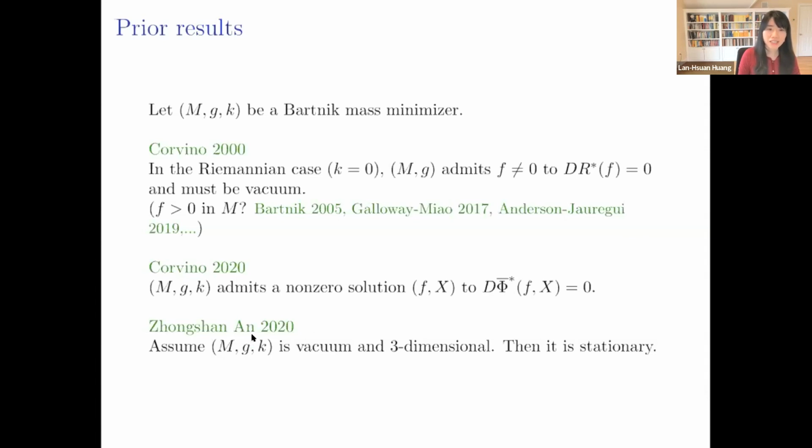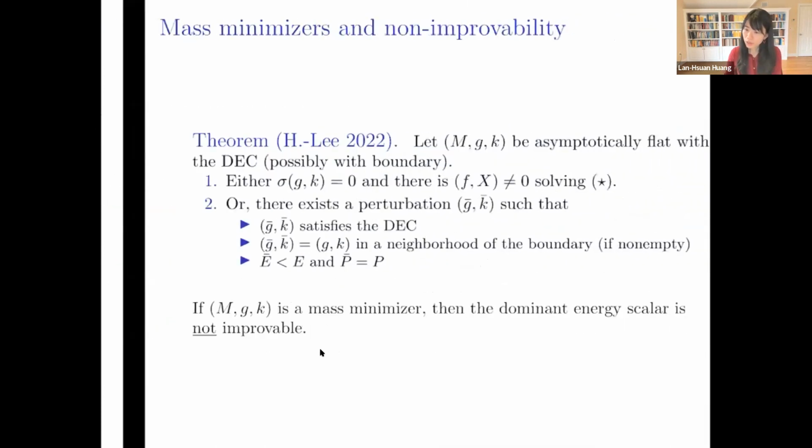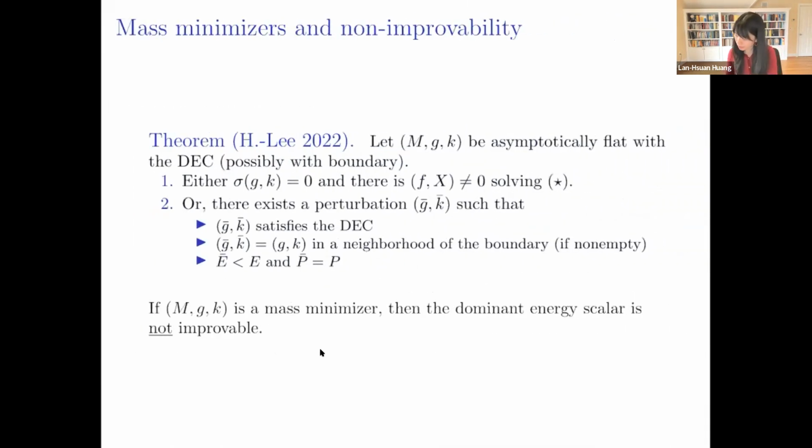And Zhongshan An, around the same time, proved that for three-dimensional initial data sets, assuming it's vacuum, then he can conclude it's stationary. So it concludes there's a Killing vector field which is time-like at infinity. It's based on this variational argument of Bartnik and also Anderson-Jauregui for the general initial data set. So here is what we'll get.